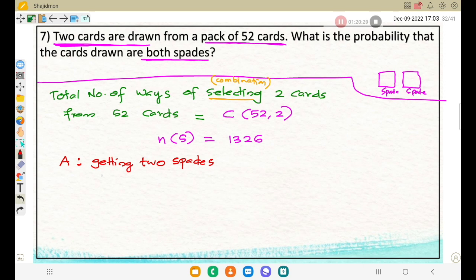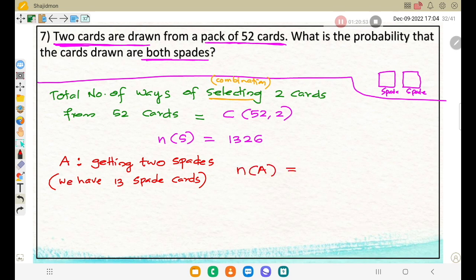So how can we write that one? I will write here the reason. We have 13 spade cards. Out of these 13 spade cards, how many are we taking at a time? 2 at a time, because only 2 cards we are choosing, correct? So how many elements in A?